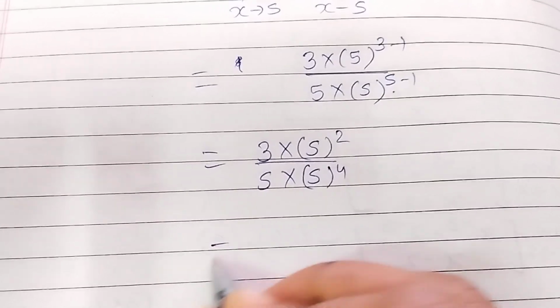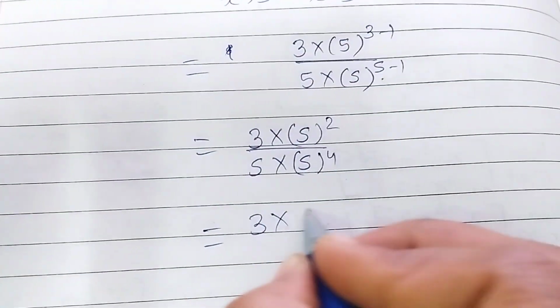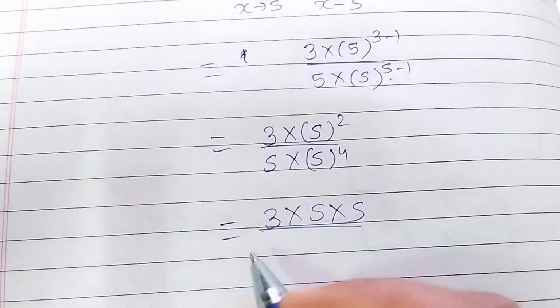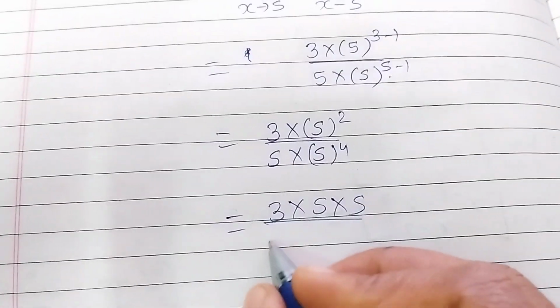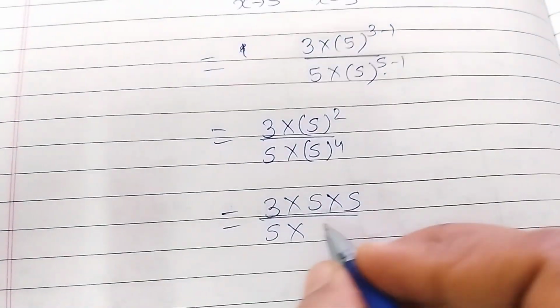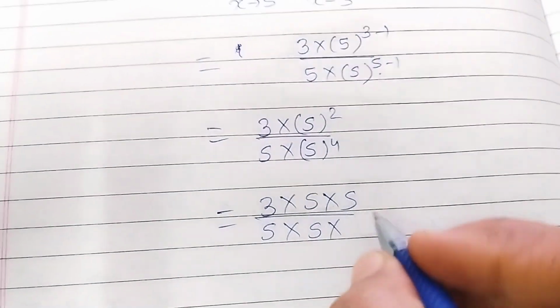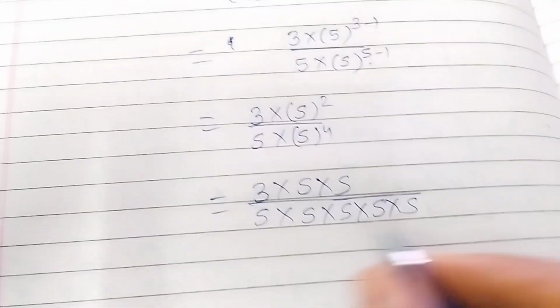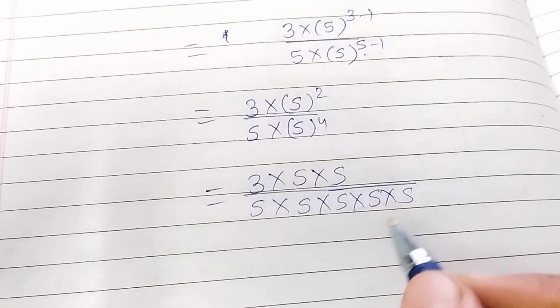Second one is equal to 3 get multiply 5 2 times because now power of 2, and second one 5 get multiply 5 4 times, 1 2 3 and 4, right? Power of 4 is there, get multiply 4 times.